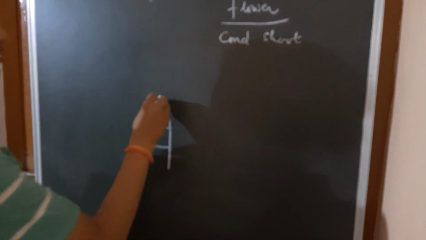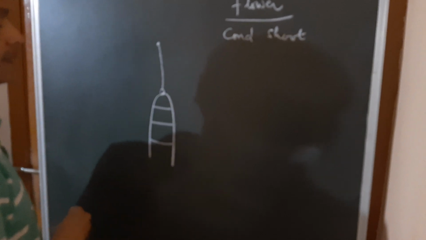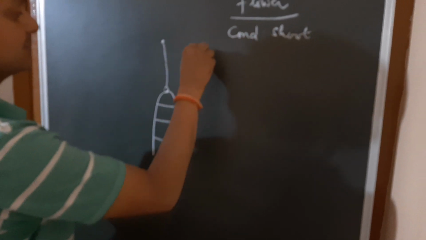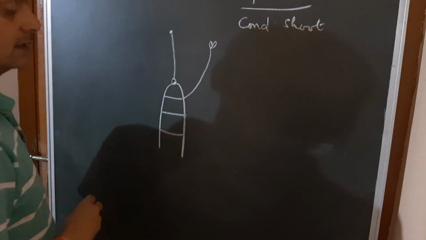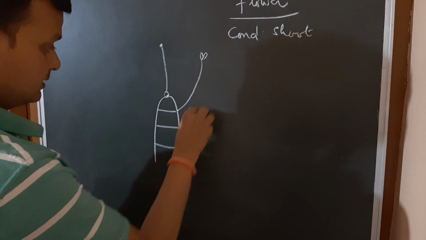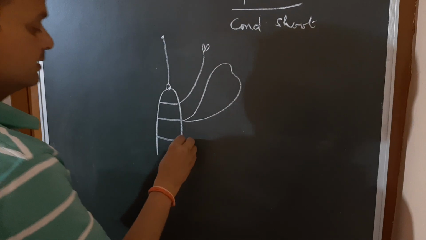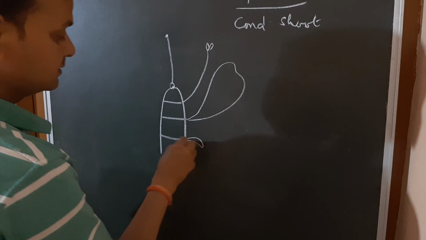The apical node always develops into the pistil. The next one will develop into the male part, that is the androecium. The next one will develop into the petal, and the lower one will develop into the sepal.